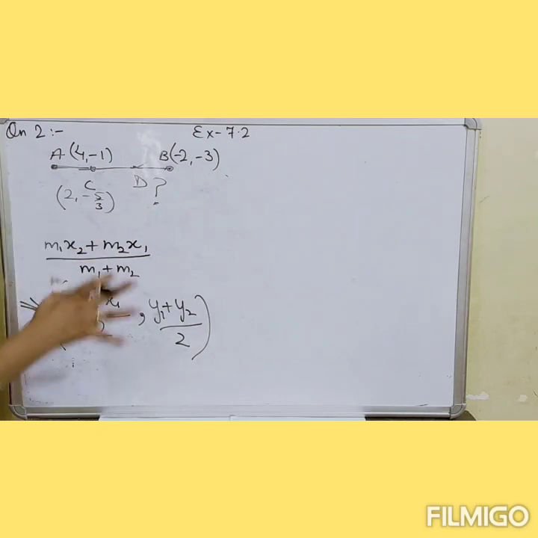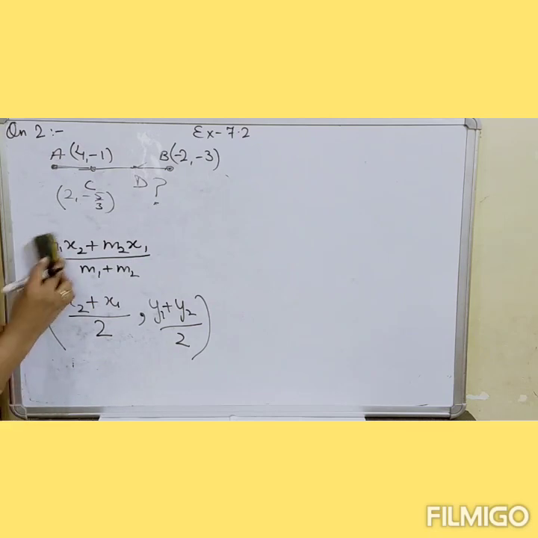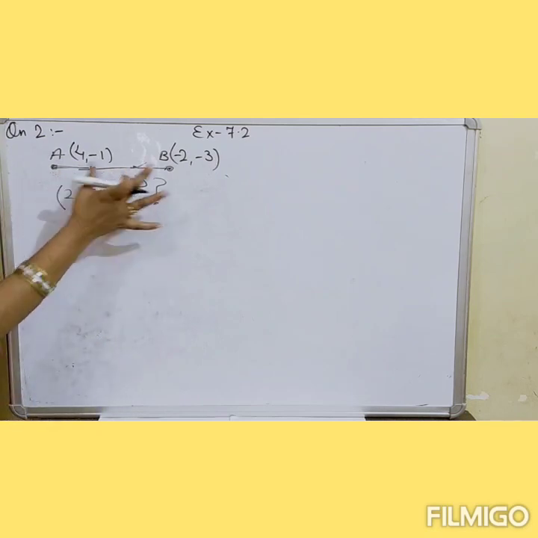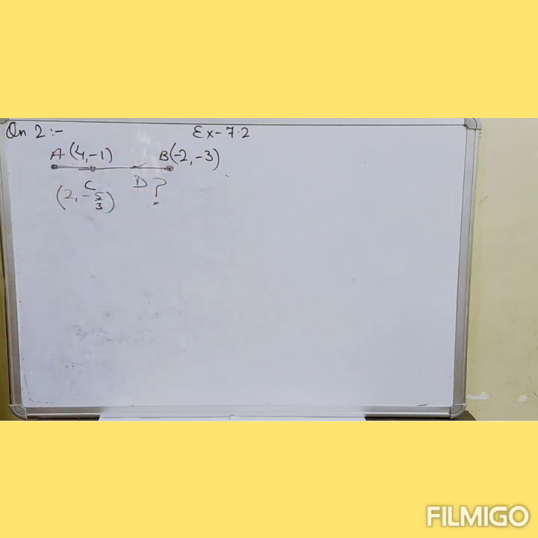So why did I explain all this to you? Because for getting the value of D, I told you earlier that either you can apply the ratio 2:1 with the section formula, but you can apply the midpoint formula here also. How?